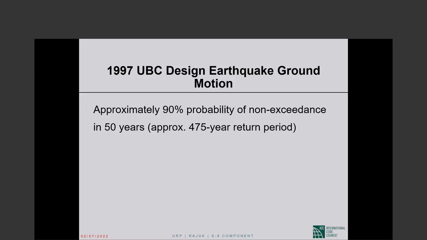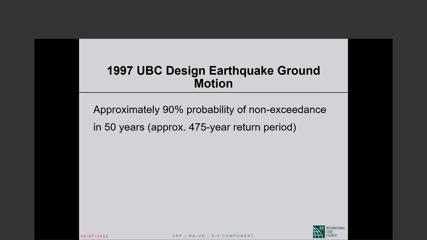So anyway, in the UBC days, the design earthquake ground motion had approximately 90% probability of non-exceedance in 50 years, which amounts to a 475-year return period.